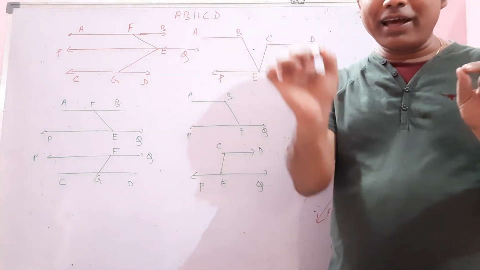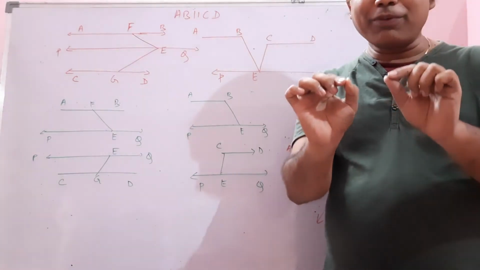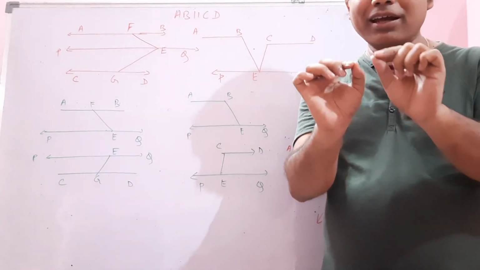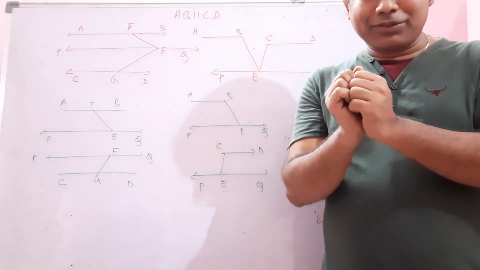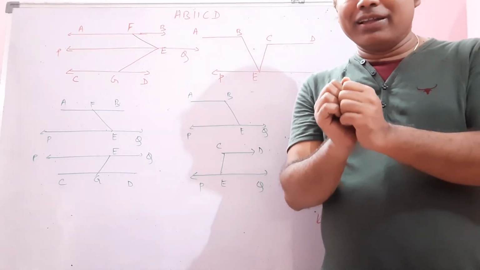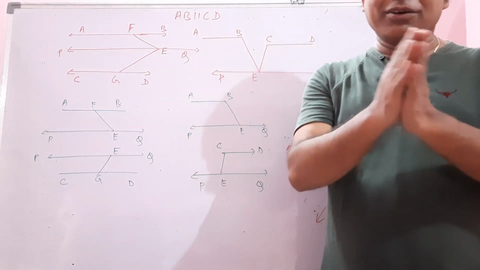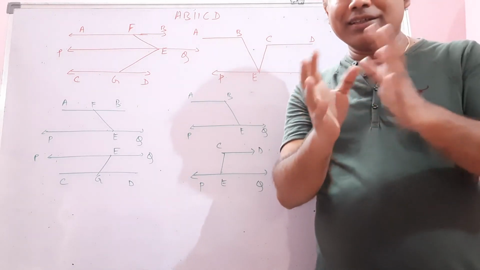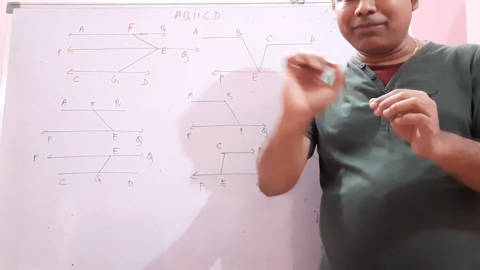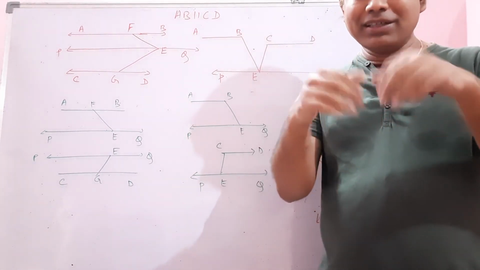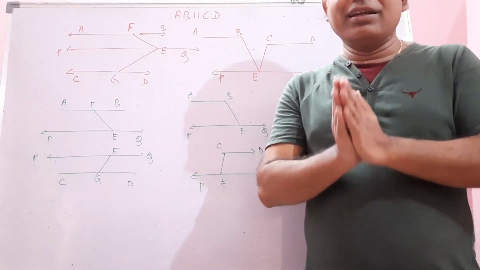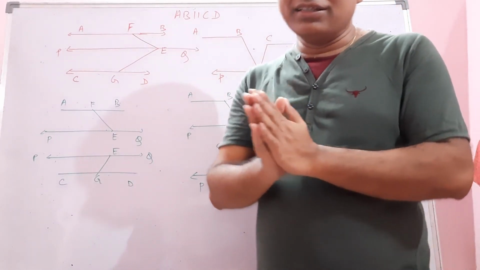Draw a pair of parallel lines and a transversal, mark the corresponding angles, the alternate interior angles, the co-interior angles, then vertically opposite angles, or linear pairs, and so on. When an angle is bisected by a ray, what happens? Practice these three things beforehand, then this chapter will be very, very easy for you.